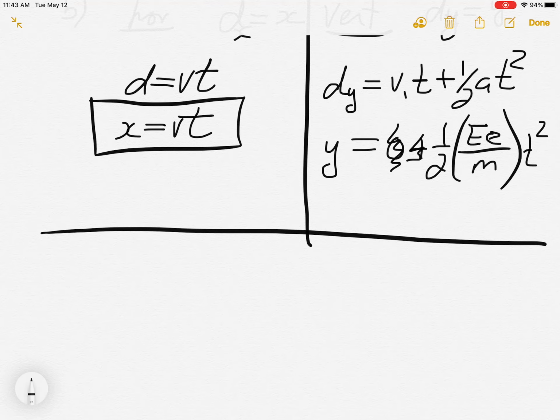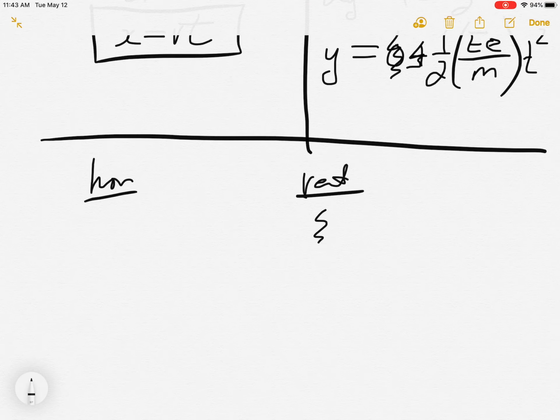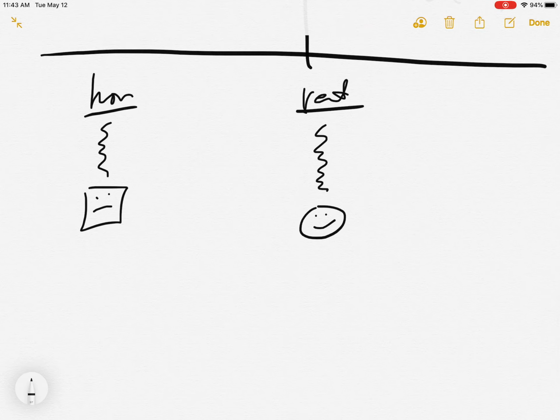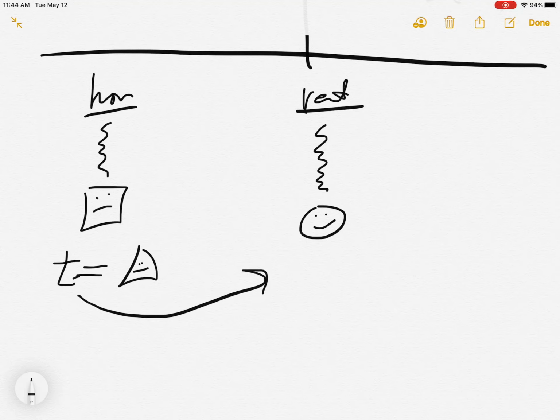Now part C, if you recall when we did projectiles, because this essentially is a projectile, right? The only difference is it's the electric force that's causing it to accelerate vertically rather than gravity. When we did projectiles, we did the horizontal and we did the vertical. And we got an equation in the vertical, and then another equation in the horizontal, and we had to put them together.